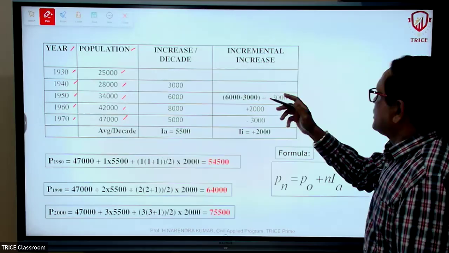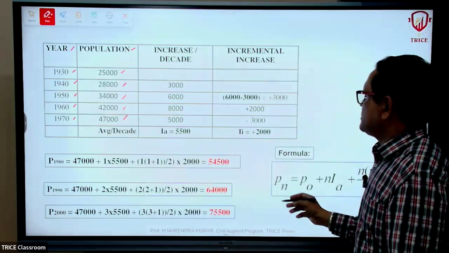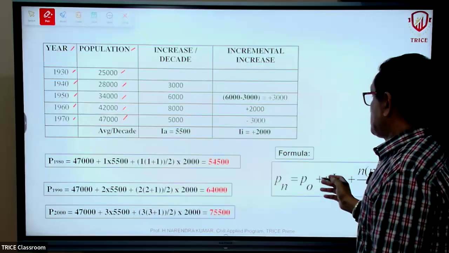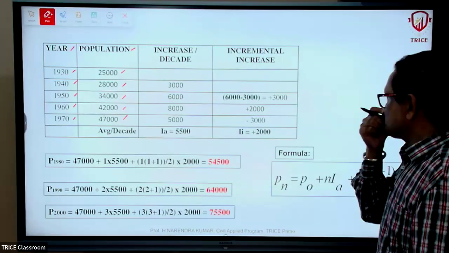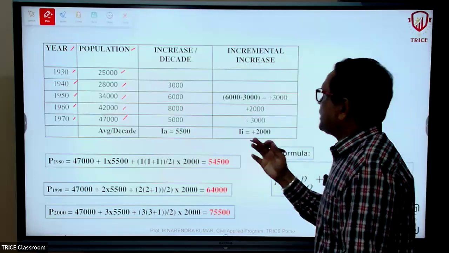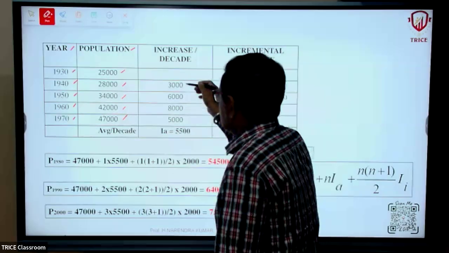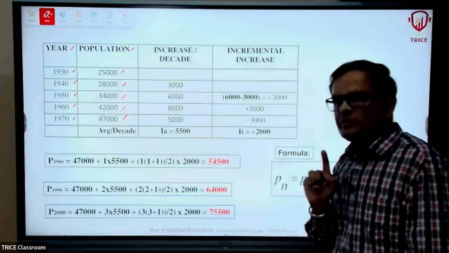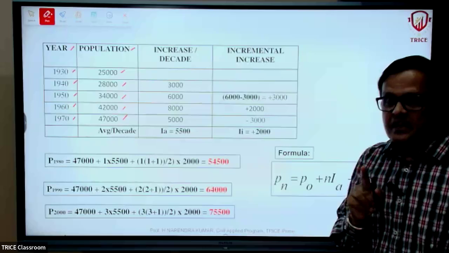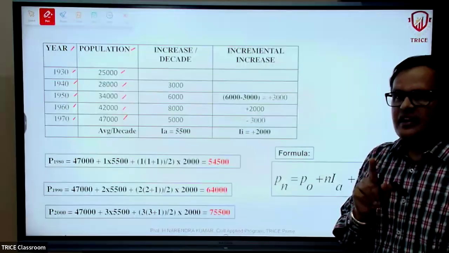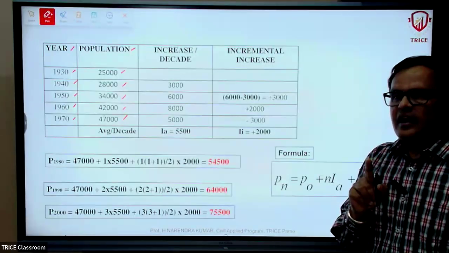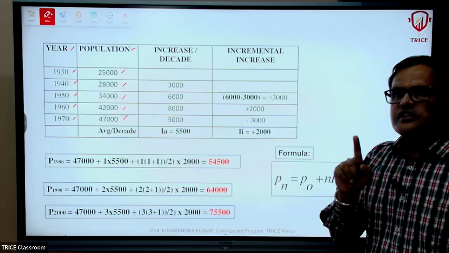Okay, and afterwards, in order to calculate or forecast the population using incremental increase method, I need to first of all calculate increase per decade. Okay, this is required in the arithmetical increase method as well as in the incremental increase method as well as in the geometrical increase method.